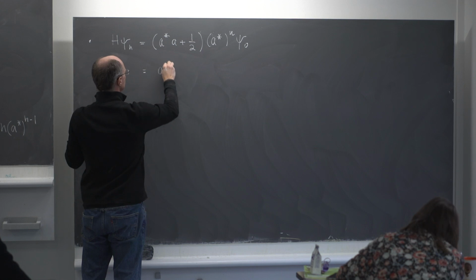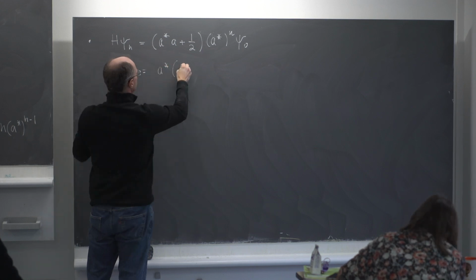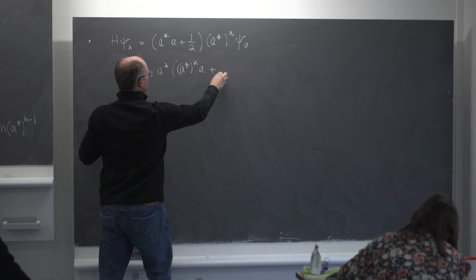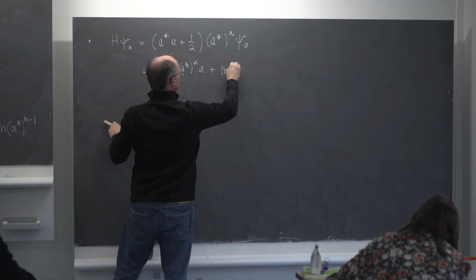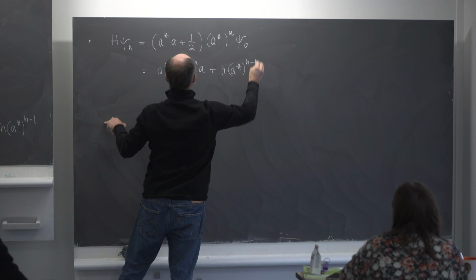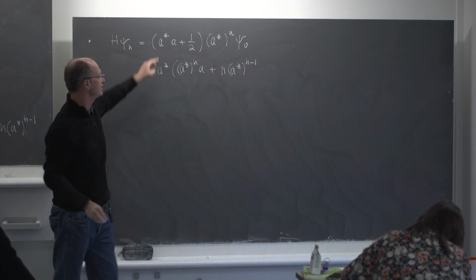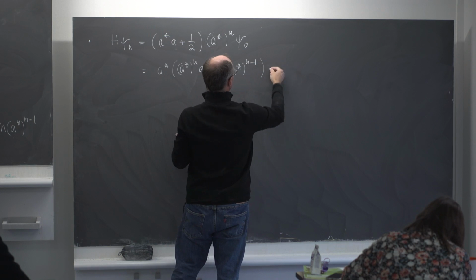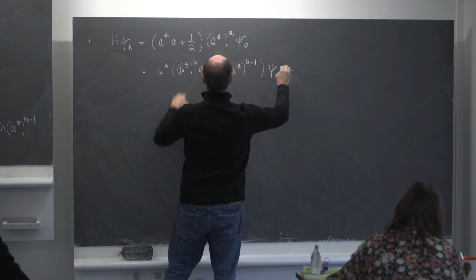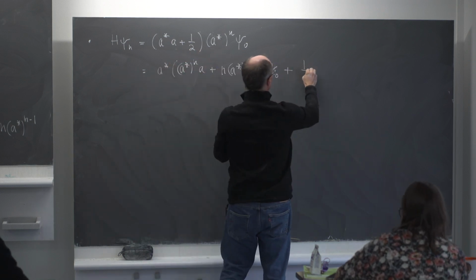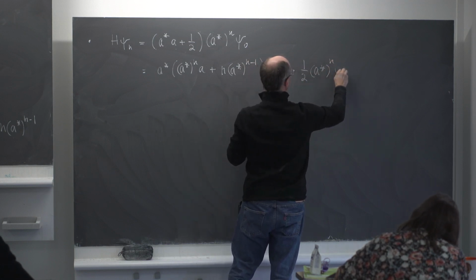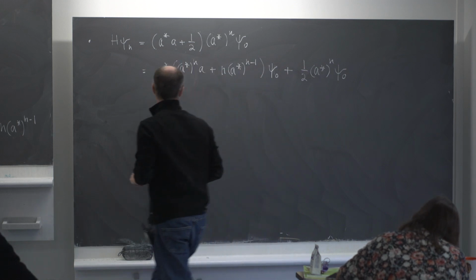So this is equal to a star times a star to the n a plus n a star to the power n minus 1, acting on psi naught, plus the remaining term 1/2 a star to the n psi naught.